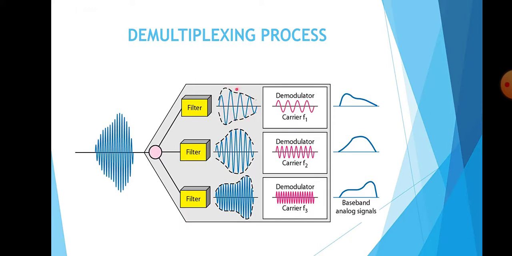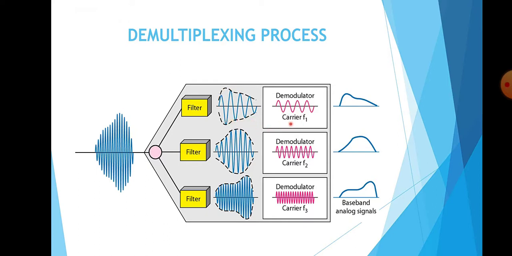The single component signals can be extracted from the composite signal, and they can be given into the demodulator block. These individual component signals are given into the demodulator block, and the demodulator separates the carrier signals from the component signals. So the demodulator will extract the carrier signals from the component signals.